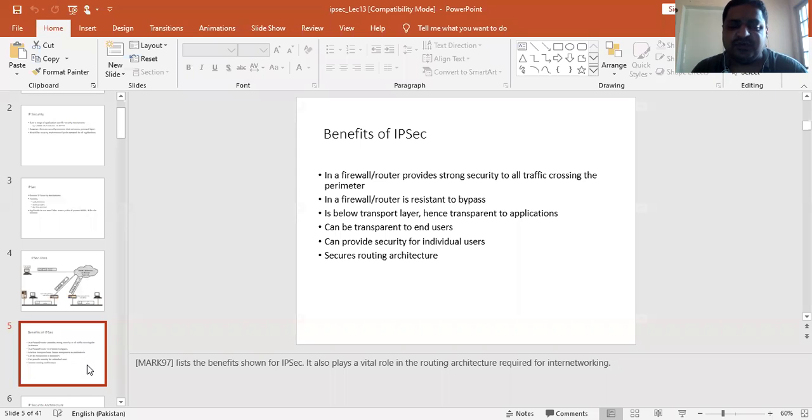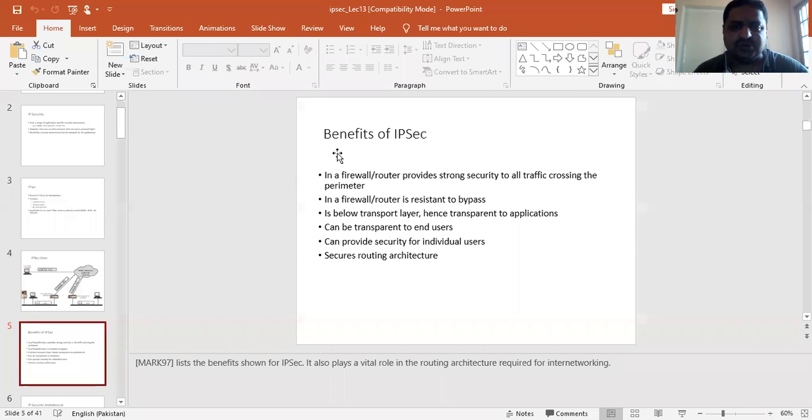The advantage of using the IP security protocol at the network layer is that it provides security at the network device, whenever any data or packet is transmitted through a device attached to some system.